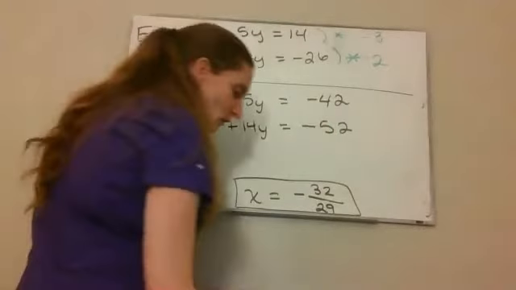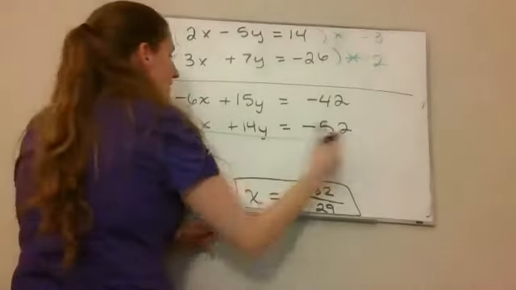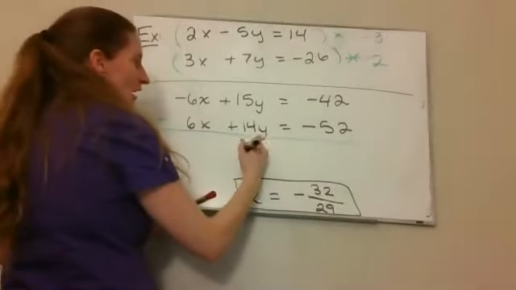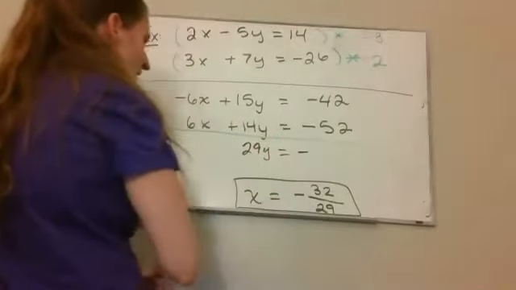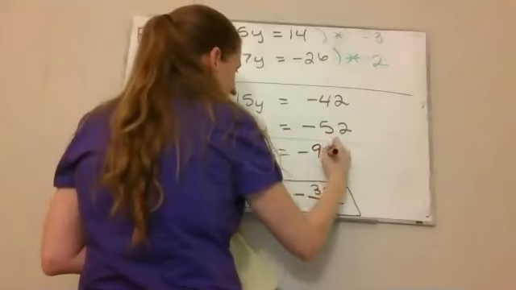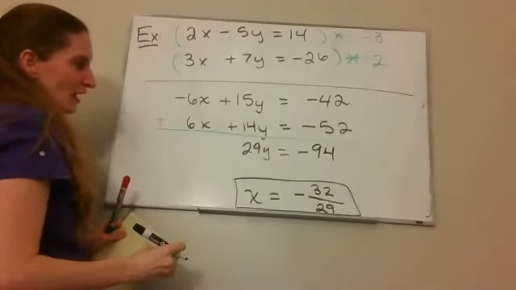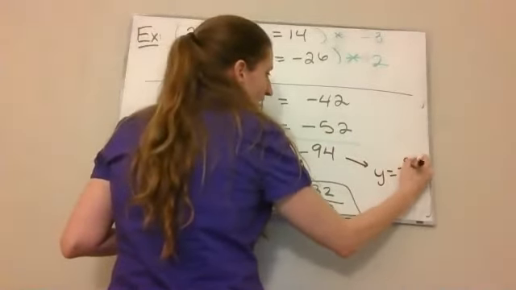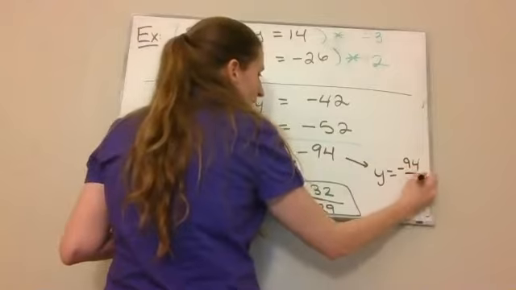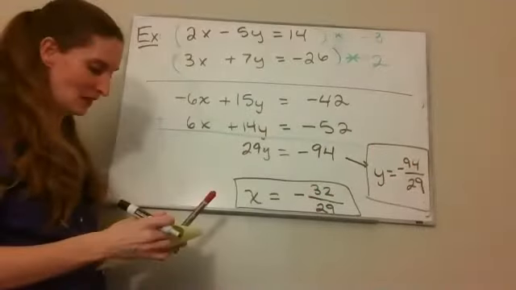And if I add those two equations together, we get 29y is equal to negative 94. And if I divide both sides by 29, I get y is equal to negative 94 over 29, which is an equally ugly number.